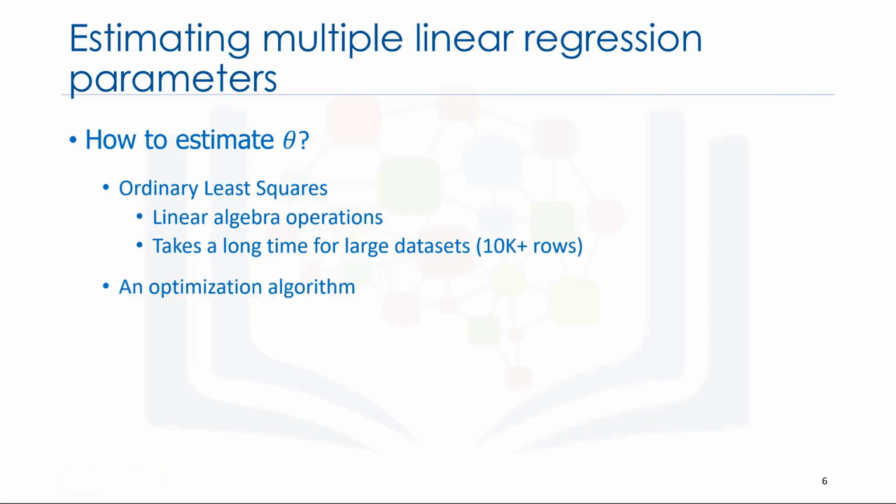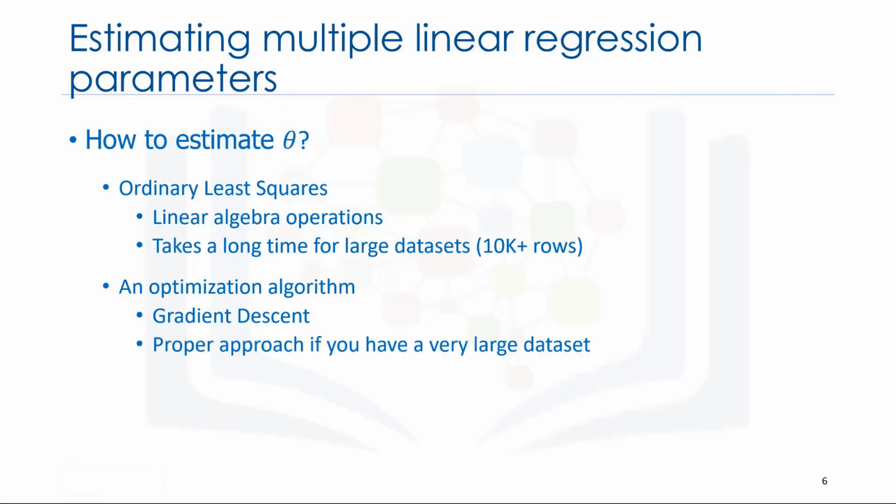The second option is to use an optimization algorithm to find the best parameters. That is, you can use a process of optimizing the values of the coefficients by iteratively minimizing the error of the model on your training data. For example, you can use gradient descent, which starts optimization with random values for each coefficient, then calculates the errors and tries to minimize it through wise changing of the coefficients in multiple iterations.